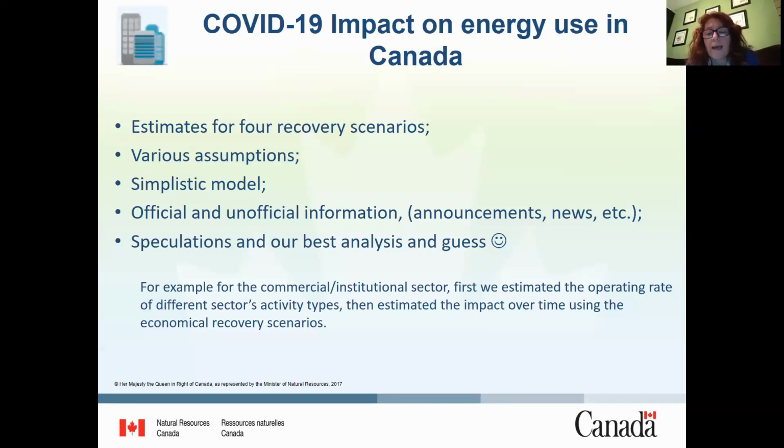We also had to rely on both official and unofficial information, such as announcements and news, on what closed and what didn't. In Canada, for example, all schools were closed in the spring, so energy use was 0 there. We could use this information to estimate the impact. It was our best analysis and guess.